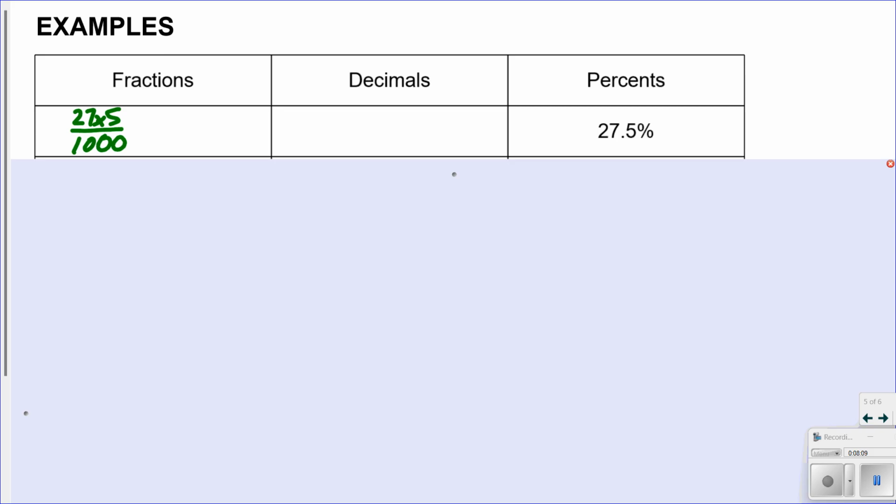You should be able to notice that both of those are multiples of 25. There are 4 25s in 100, and I have 10 hundredths in 1,000. So this is 40. 2 hundredths means I have 8 25s, and then I have 3 more of them, so I have 11 40ths.